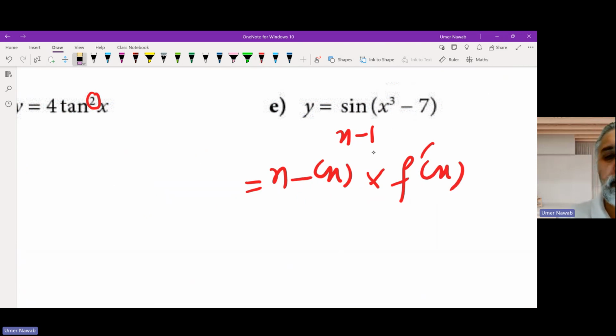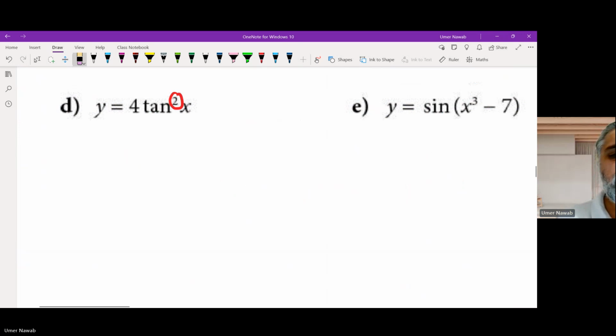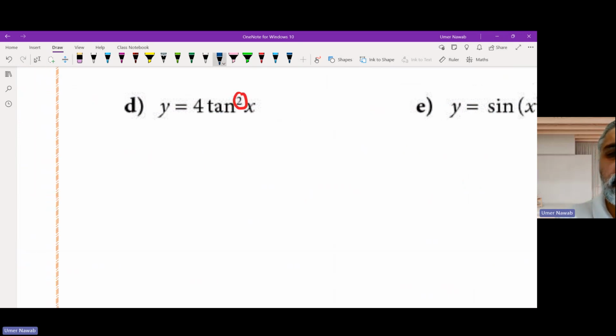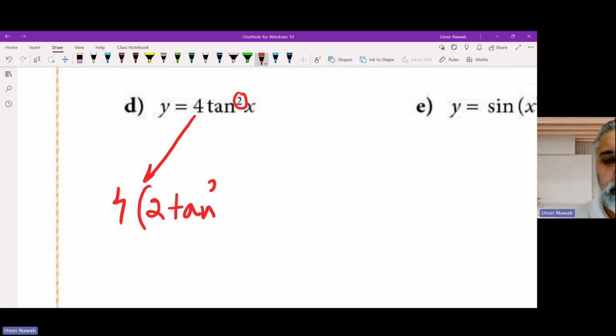Here I apply the same thing. Let's apply. So allow me to do this. 4 as it is. Okay, power goes back, 2 goes back. So from the power, you take off 1. Okay, I am done. Now what is left to me? tan.